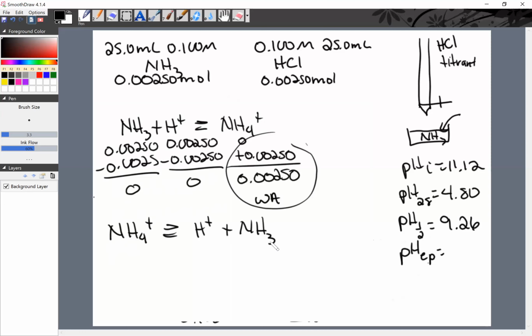But you're not allowed to plug moles into a weak acid equilibrium. So I have 0.00250 moles. But what volume am I sitting at right now? It took 25 mL of my original and 25 mL of what I added, so I have 0.05 liters. And so what does that turn my molarity to be?